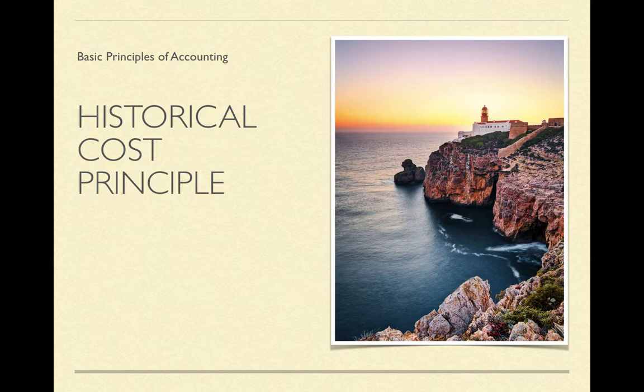In general, users prefer historical cost because it provides them with a reliable benchmark for measuring historical trends. However, fair value information may be more useful for certain types of assets and liabilities, and in certain industries.